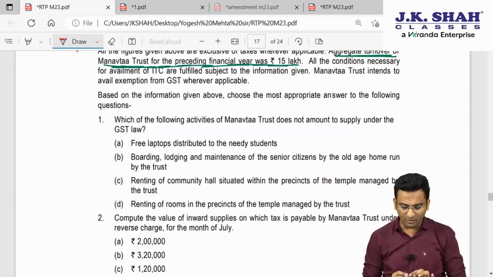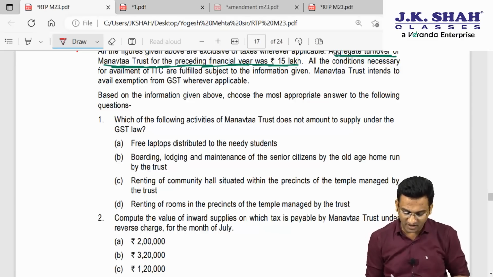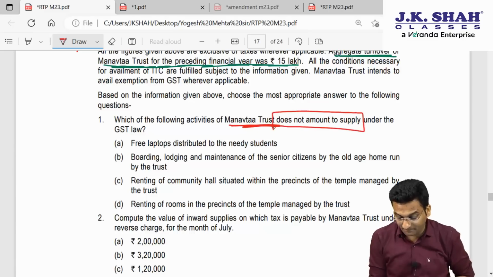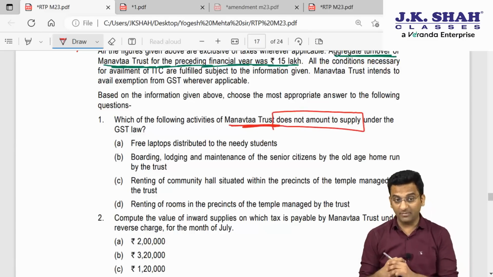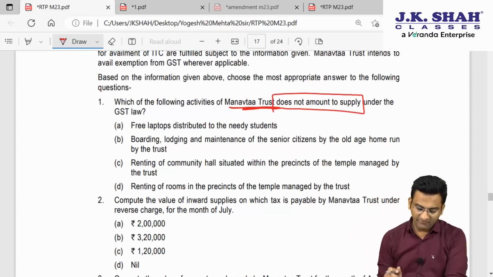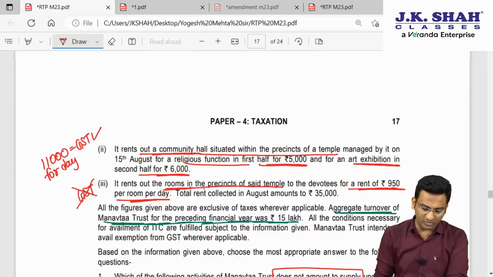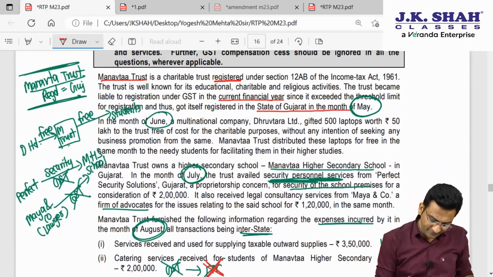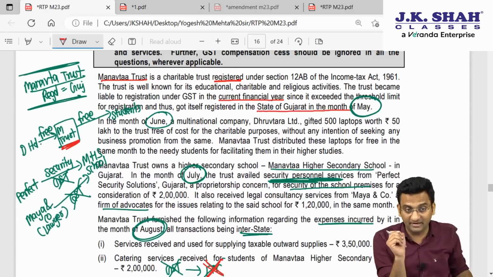First, which of the following activities of the Manavta Trust does not amount to supply under the GST law? Does not amount to supply. Now, first, free laptops distributed to the needy students. If you do remember, friends, free laptops were given in the second paragraph.